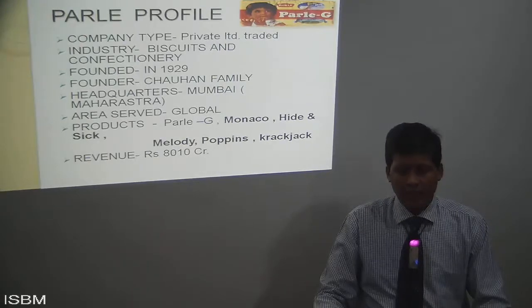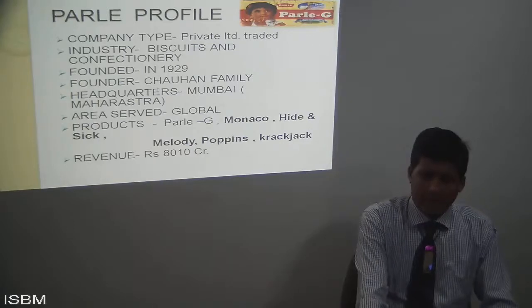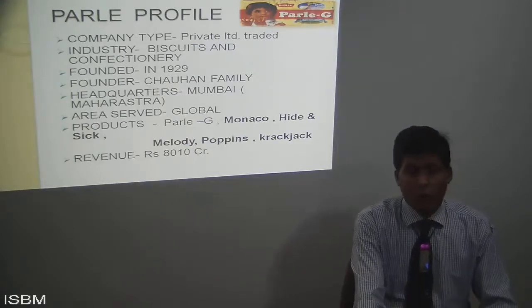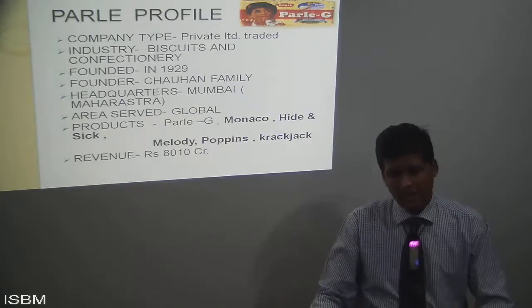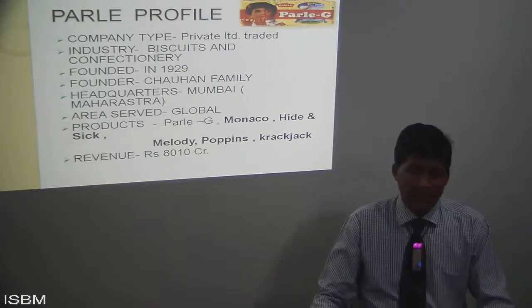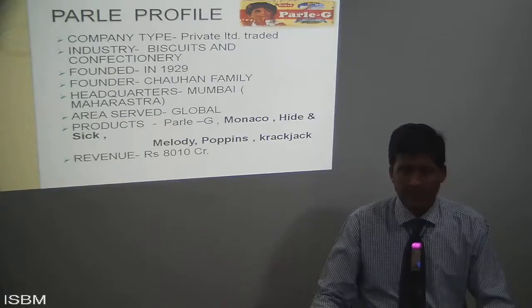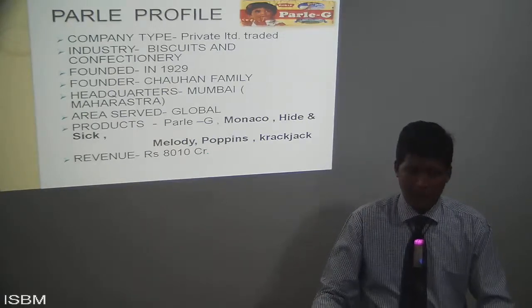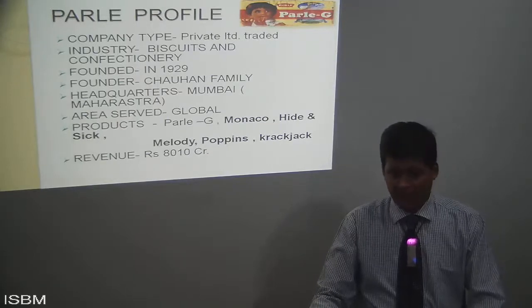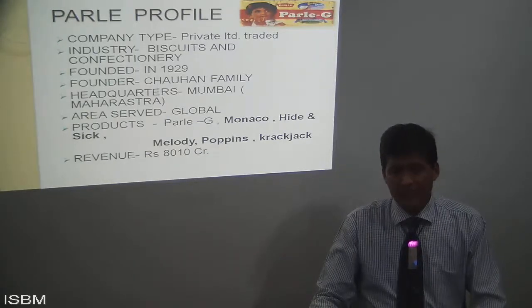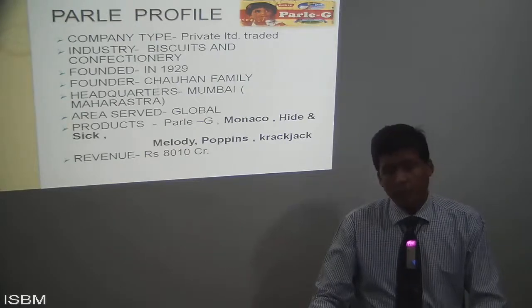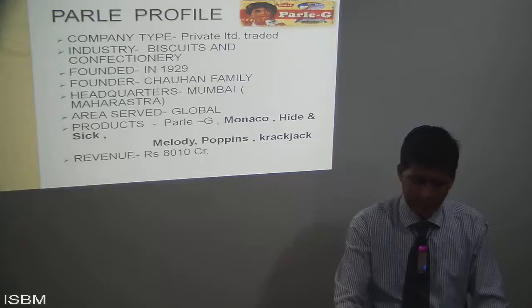Founders being the Chauhan family, headquarters being in Mumbai, and the geographical spread is global definitely, and the prime flagship brand being Parle G. The other major brands in the kitty are Monaco, Hide and Seek, Melody, Poppins. Oh, how can we forget Poppins, Crack Jack, and revenue touching more than 8,000 crore rupees. So this is the overall profile of the organization, Parle.